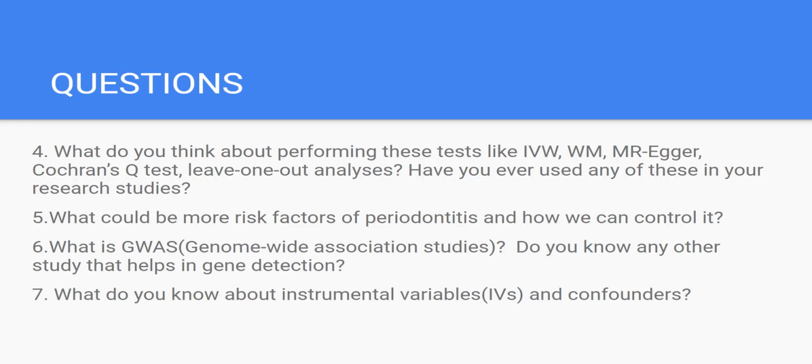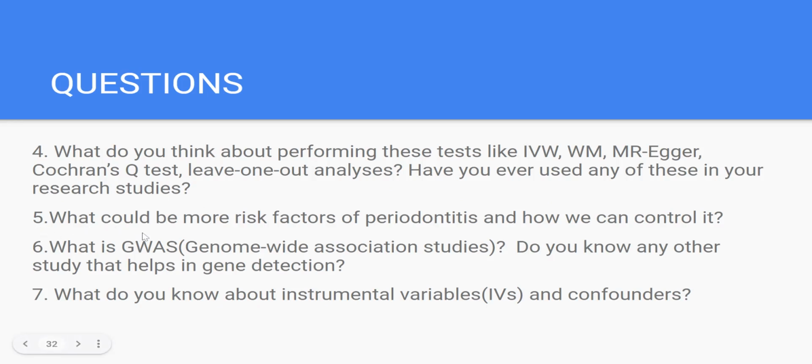Okay, so the fourth question is, what do you think about performing these tests like IVW, WM, MR-Egger, Cochran's Q test, and leave-one-out analysis? Have you ever used any of these in your research studies? So we can learn more about these tests.